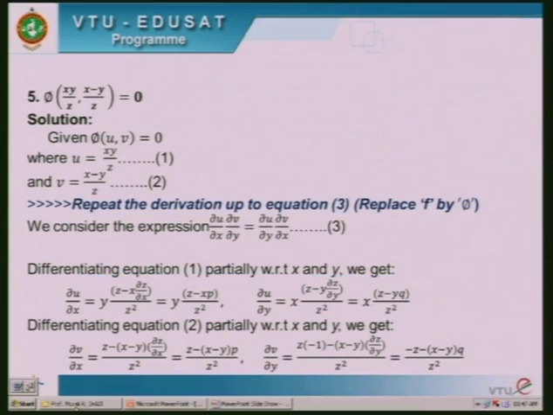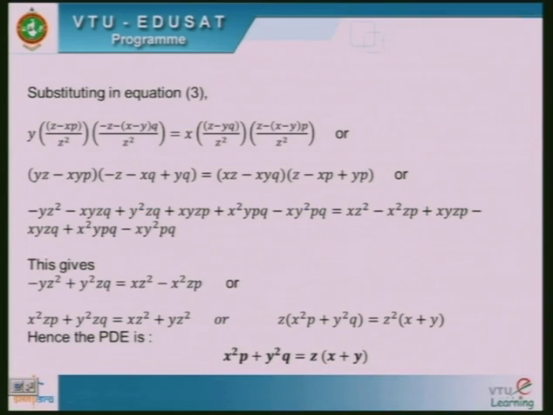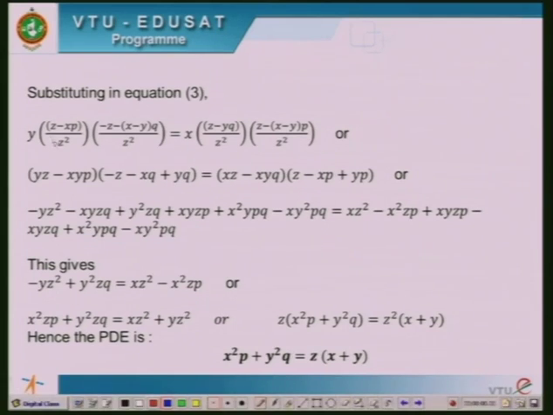Now, again you substitute this in equation 3 to get this expression y into z minus xp by z square. This is dou u by dou x into dou v by dou y equal to dou u by dou y into dou v by dou x. Cancel the z square and multiply across.